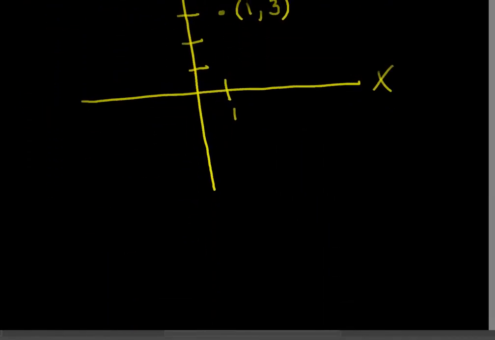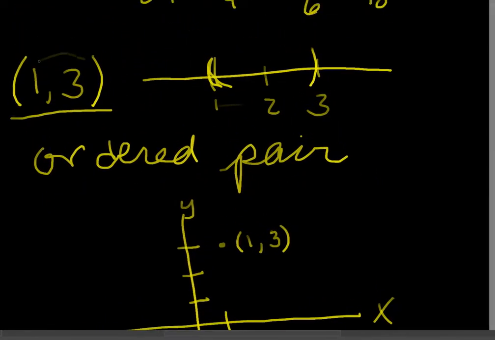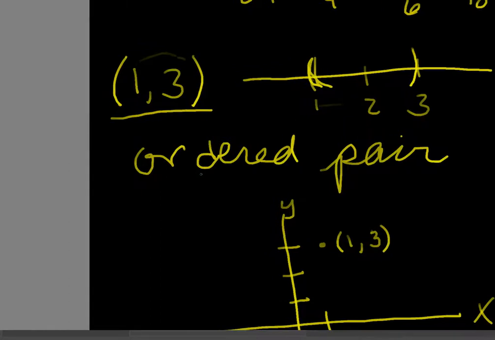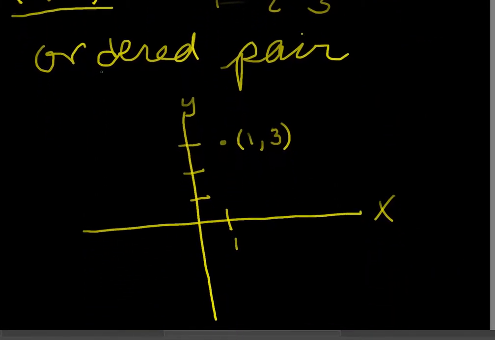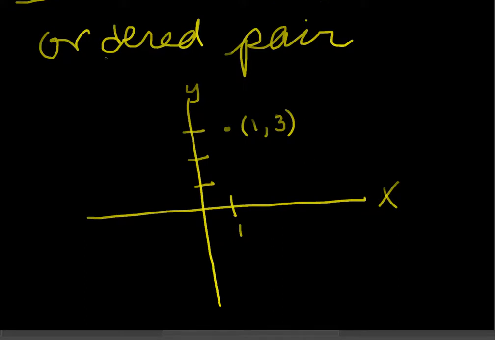However, if we know from context again that we have an ordered pair, then what we're thinking of is a location in space, which is 1 unit in the horizontal direction and 3 units in the vertical direction.